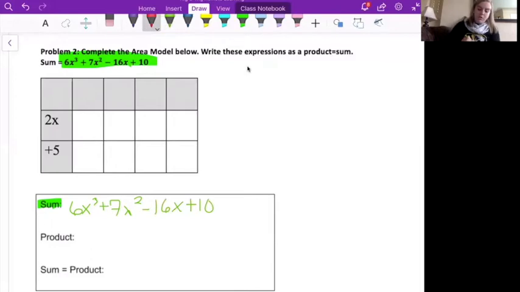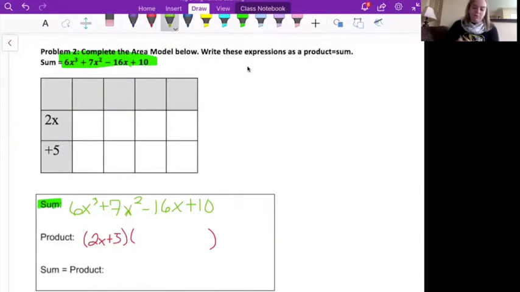And for our product, we have the height factor of 2x plus 5, but we don't know what our other factor is going to be. The way that we do that, and this is really the meat of what we're going to be talking about today, is we want to take our sum of 6x cubed plus 7x squared minus 16x plus 10 and write that out.